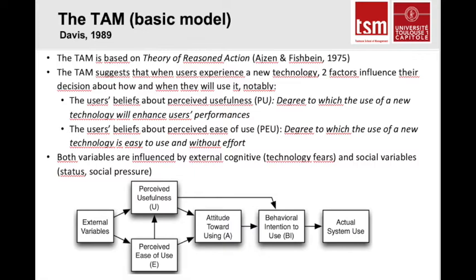Both variables are influenced by external cognitive variables, such as technology fears, and social variables, such as status or social pressure. So you can see the external variables influence perceived ease of use and perceived usefulness of the technology, and this then influences the attitude toward using the technology and subsequently the behavior intention to use the technology, and finally actual system use.